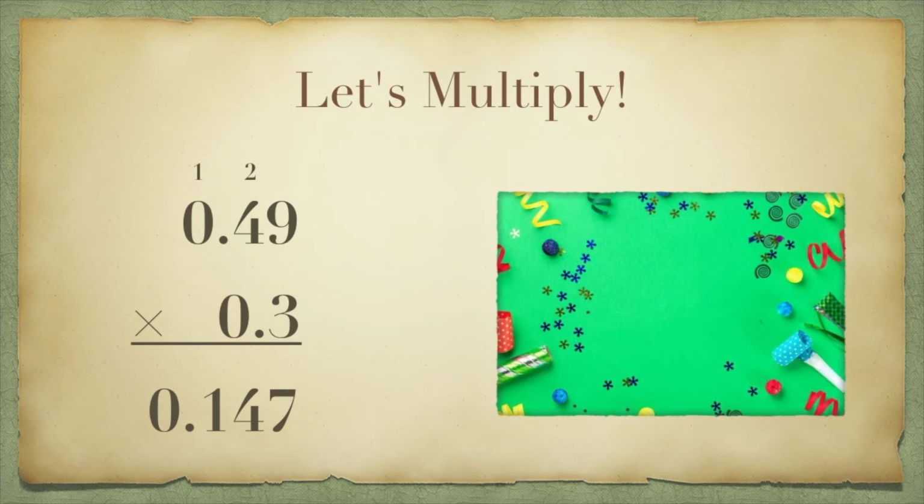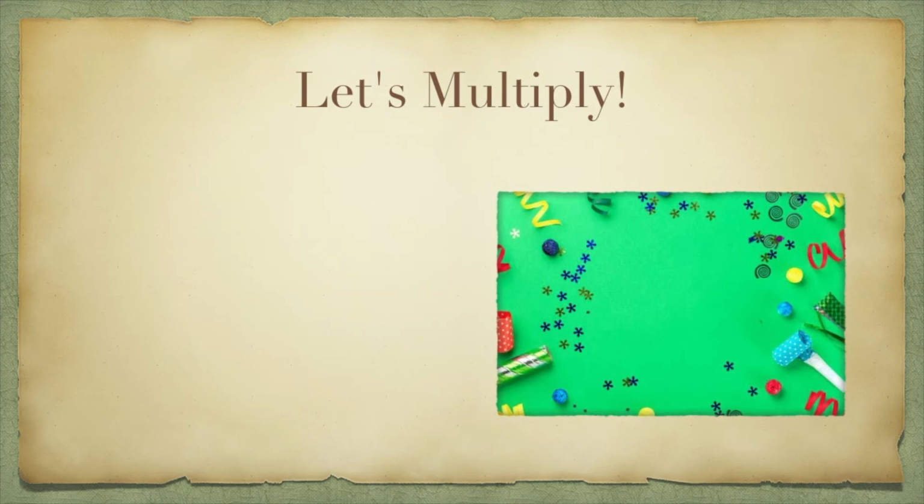So the decimal point is put after the 3 digits since the product has 3 decimal places in all. So that's an easy example. Now, let's move on to a more challenging example.